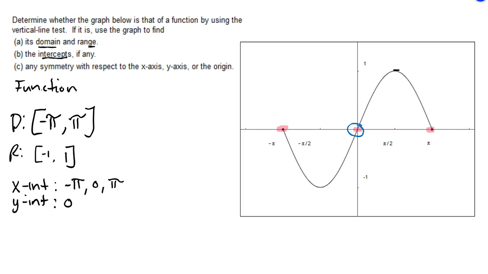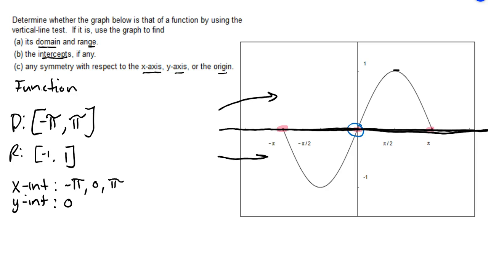And then I'm looking for any symmetry with respect to the x-axis, y-axis, or origin. X-axis symmetry is where we're looking for a mirror image across your x-axis, so a mirror image on the top and the bottom. We do not have a mirror image.